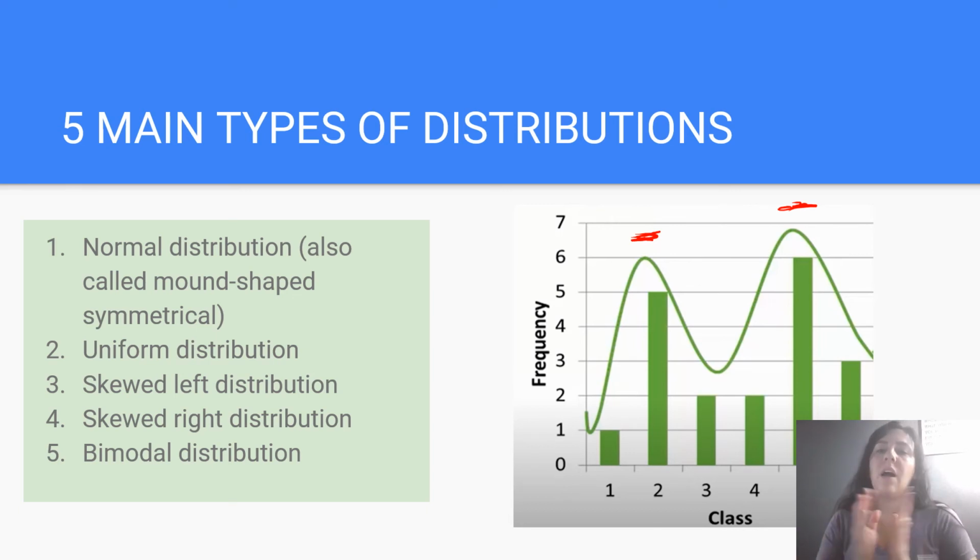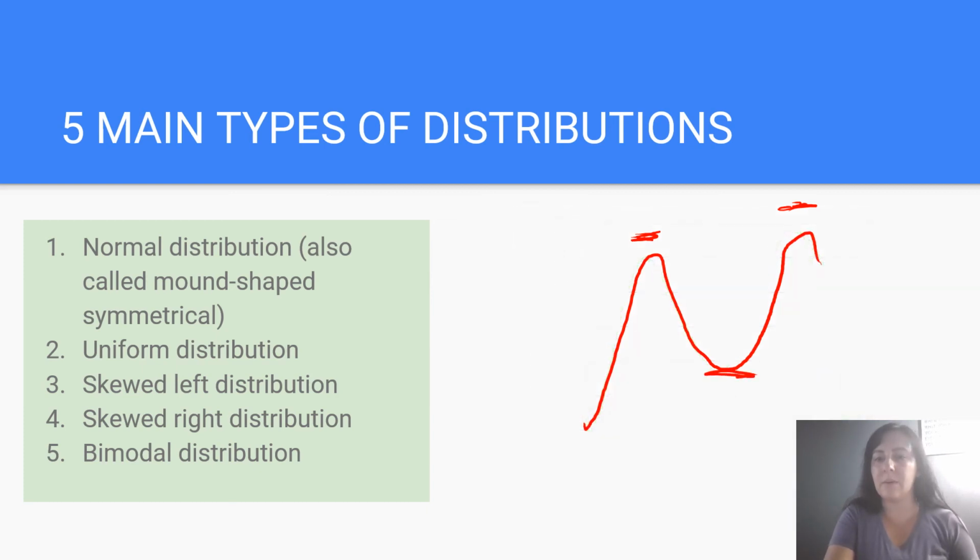So there is one question here, because sometimes it might be difficult to distinguish when you're looking at data, because it might not be as clear as it is here, where there's definitely a large space in between the two humps. So it's definitely two humps in this situation.